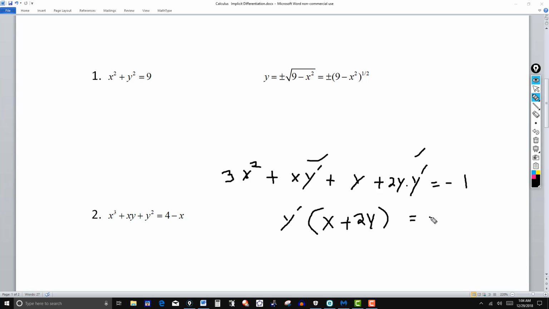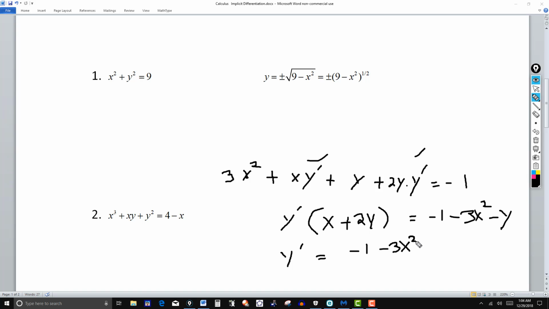And then the terms on the left side, they don't have a y prime. They go over. So this goes over, minus 3x squared. And this y goes over. It becomes minus y. And then I just divide through by x plus 2y. So then I get y prime is equal to minus 1 minus 3x squared minus y.